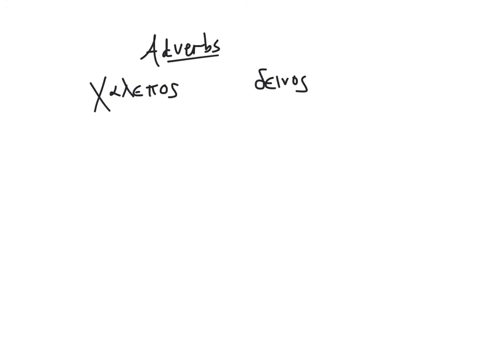Now let's remove that omicron sigma and replace it with omega sigma. We then have chalepos, and that is our adverb. Chalepos meant difficult or dangerous. Chalepos means with difficulty or dangerously.